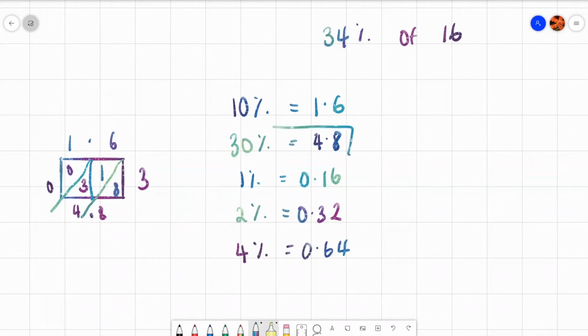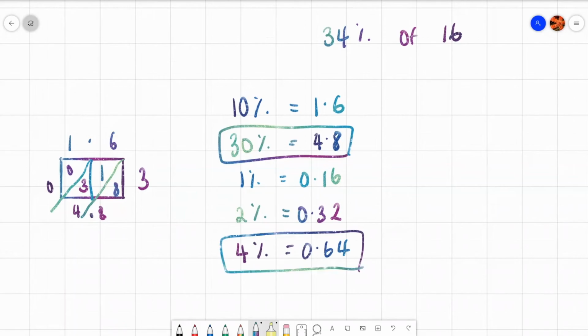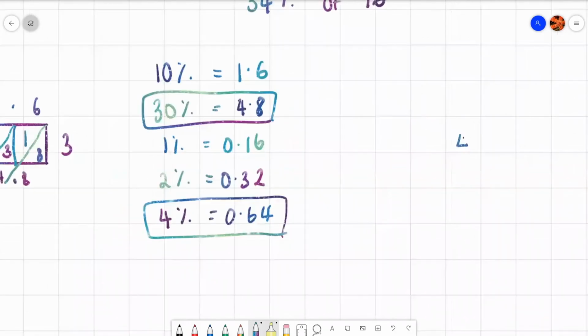And then I want 34%, so 30% and 4% add together. Let me do this carefully so I don't make a mistake again. 4.8, add 0.64, add a 0 on top of that. That's 4. And then I've got to do 8 add 6, which is 14. Carry the 1 over, that's 5, so the answer is 5.44.